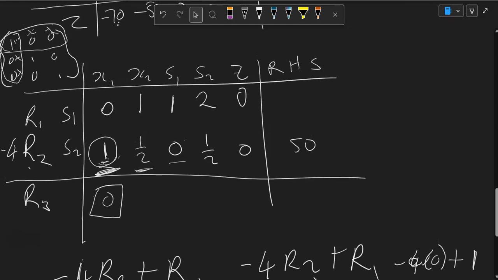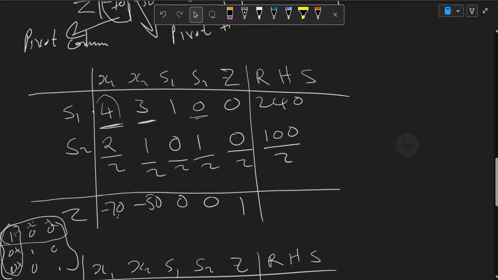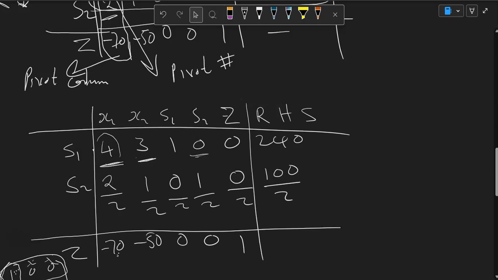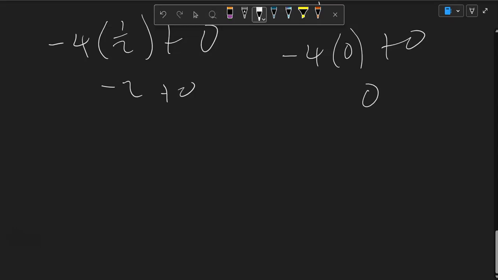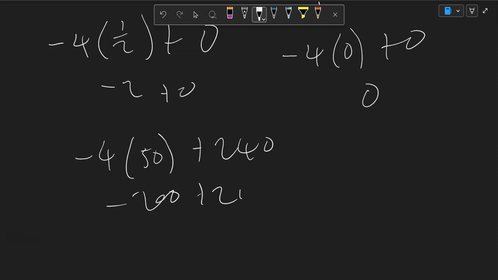We have a 50 on row 2 on the right hand side and a 240 on the row 1. So we're saying -4 times row 2, which is 50, plus row 1. Row 1 is 240, isn't it? When you add this, we have a -200 plus 240, which is giving us 40, isn't it?